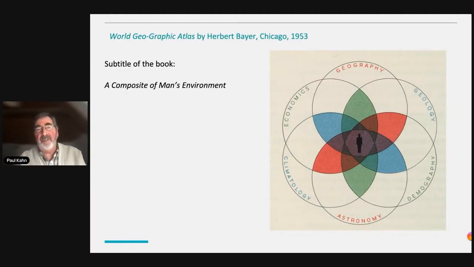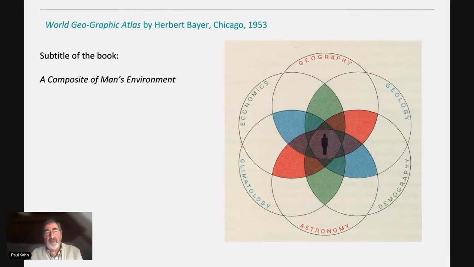So the last book here is Herbert Bayer's World Geographic Atlas, which he subtitles A Composite of Man's Environment. And he begins that book with this Venn diagram. So he has a lot of similarities to the focus of the Berghaus book.